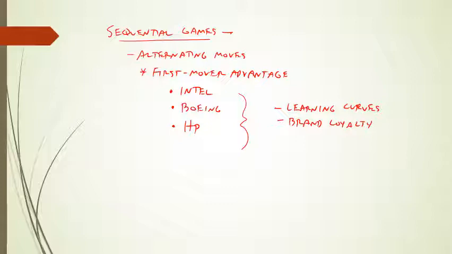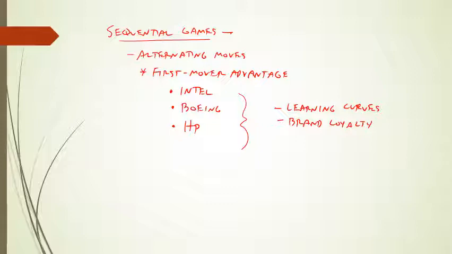So when a patent runs out on a drug after 20 years, we might find that the patent holder continues to have a large market share, even when prices are sometimes double the prices of rival brands. The reason is that there's a high risk of trying a different brand of drug. So learning curves and brand loyalty are a couple of reasons firms might have a first mover advantage.